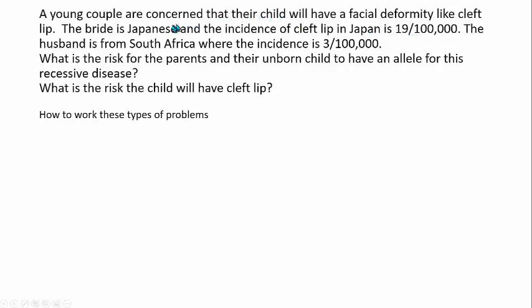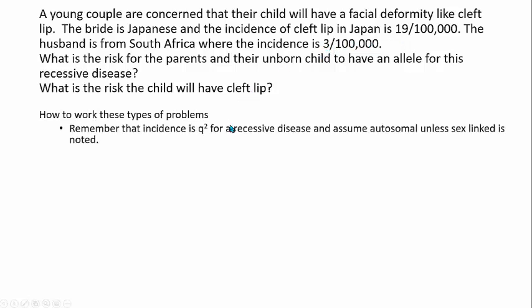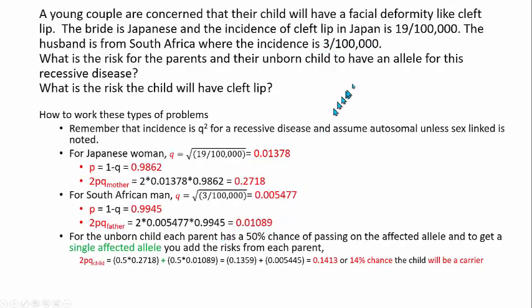In this case, we're talking about a child with facial deformities like cleft lip, which is a recessive allele, and so this would be q squared. This would also be q squared for the other parent. At first, we're looking for if they have an allele for this, then we would add it because they only have to get an allele from this parent or this parent.